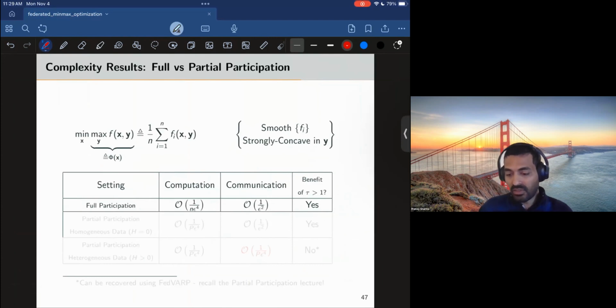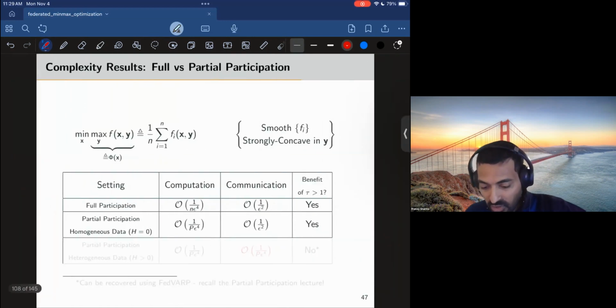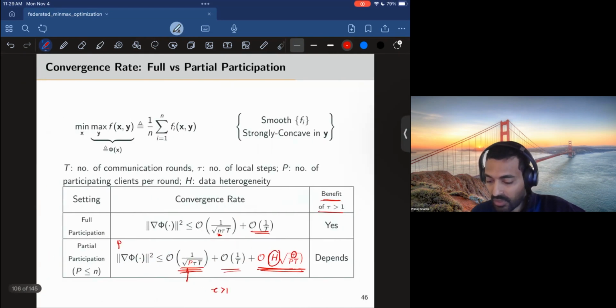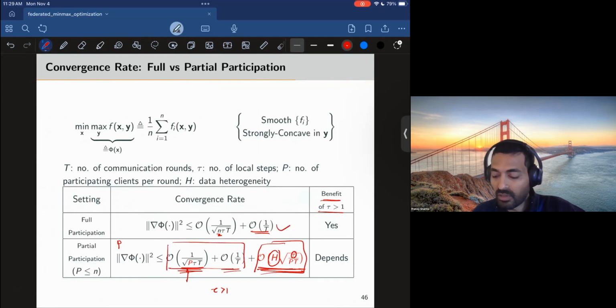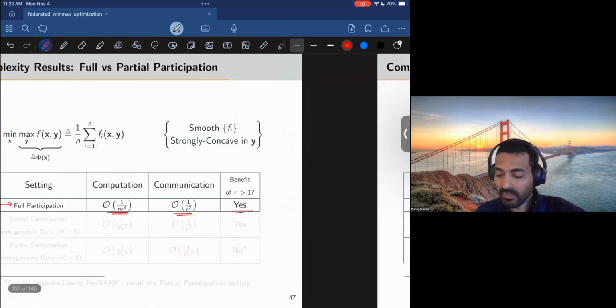More concretely, just to recall, in full participation these are the computation and communication costs we get, and we do get the benefit of local steps. These results we have already seen. In case of partial participation, suppose we have homogeneous data, meaning H is zero or very, very small. In that case, because this term completely disappears, we are left with these two terms, which look very similar to the full participation case.